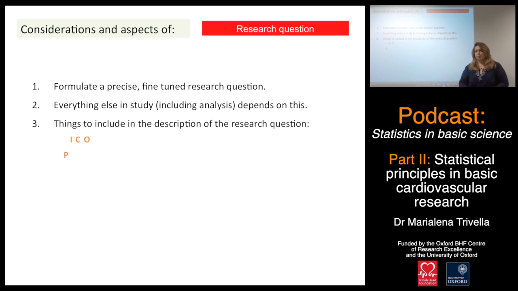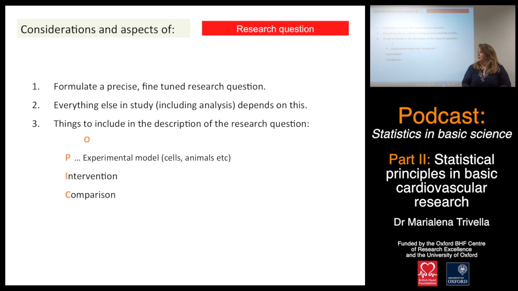P stands for the population we need to consider. But as we're talking here about basic science, we substitute this with experimental models, cells, animals, or whatever it is we're using. Then the I stands for intervention. In other words, what kind of treatment or intervention are we applying to our sample? The C stands for comparison.